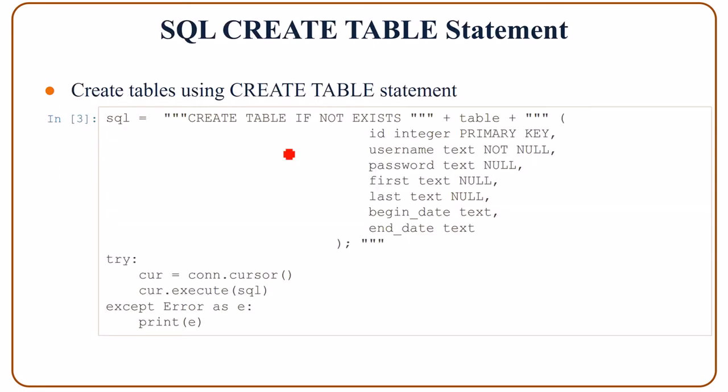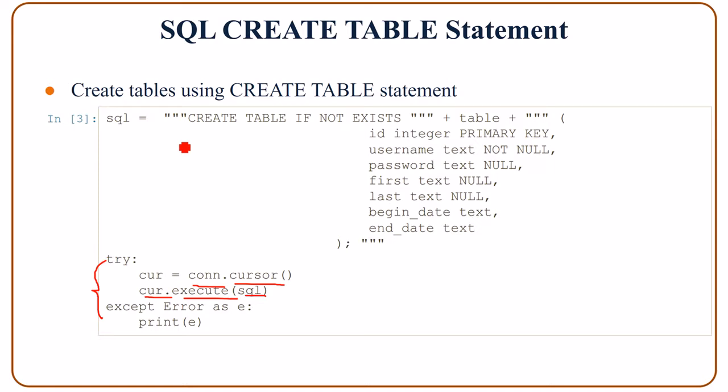To create a table, or in general to run any SQL statement, the way that we write code is very much similar. We use a try except structure. Given the connection, we create a cursor and use the cursor to execute any SQL statement.